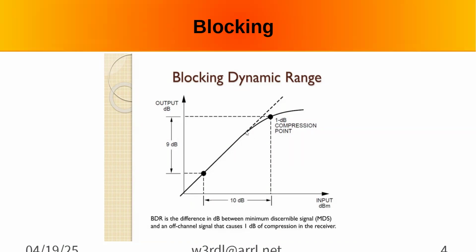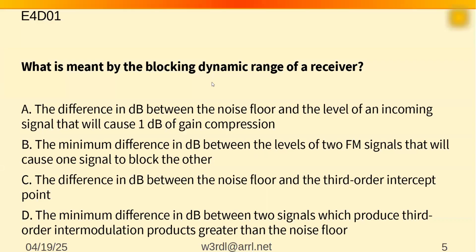So at some point you start seeing the amplification start to tail off. At the point where it's 1 dB down, that's where you actually measure the upper point to determine the blocking dynamic range. So what is meant by the blocking dynamic range of a receiver?